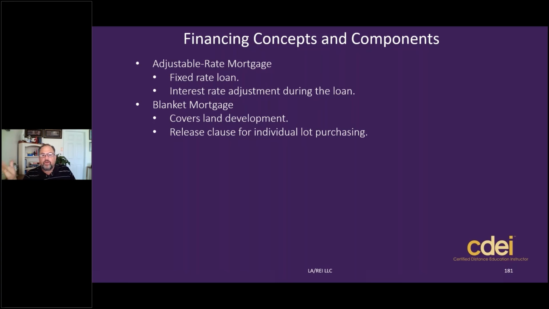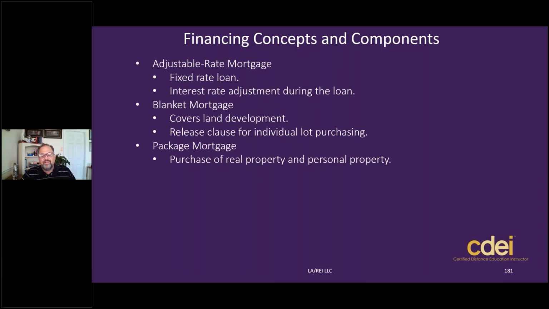So they've got kind of a protection. It's called a release clause for the individual purchaser. So a blanket mortgage covers the land, and that's what it means to have a release clause. Anybody that buys a lot, for example, is not going to be under my $2 million loan, but they've got their own loan, and they've got a release clause that protects them and says they own their land on their own.